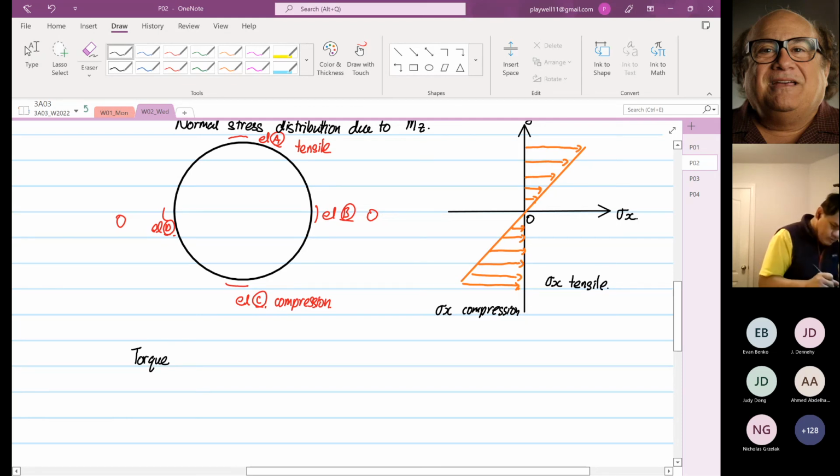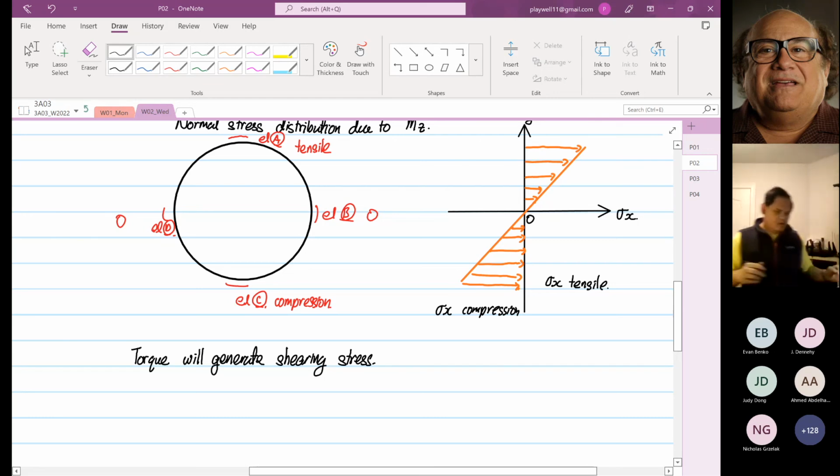Torque will generate shearing stress, and you guys have seen this formula before, where the shear stress, tau, is equal to TR over J. Okay, it's dependent on the radius.